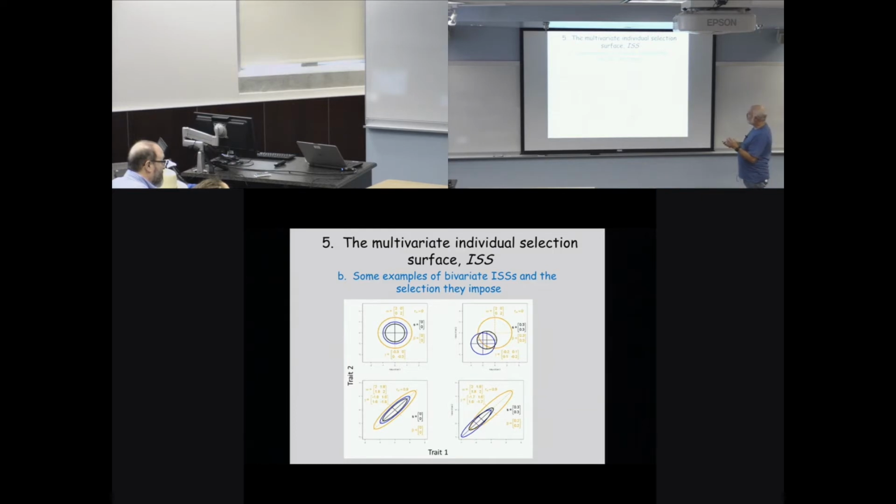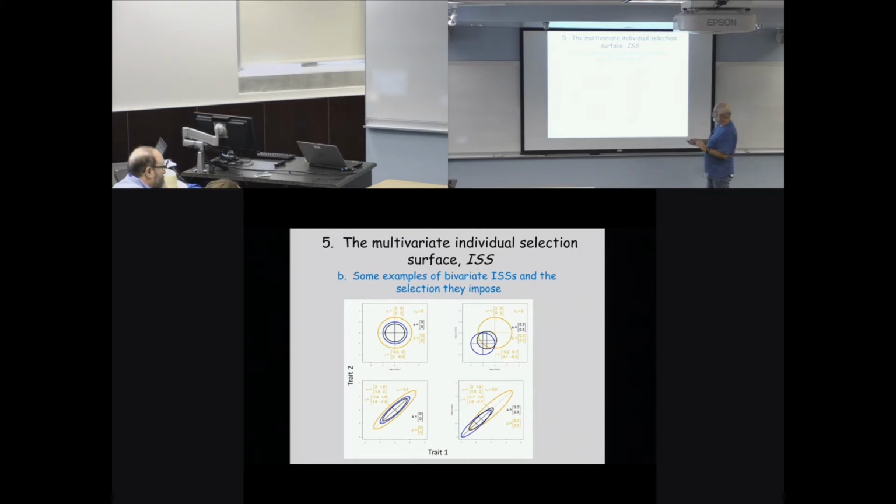Now I've shown you in orange the actual individual selection surfaces. I've given you both the gammas and the omegas for those surfaces, so we can immediately tell that these must be Gaussian surfaces. I've also shown you betas and S and gamma too. So there's lots to ponder there later on.